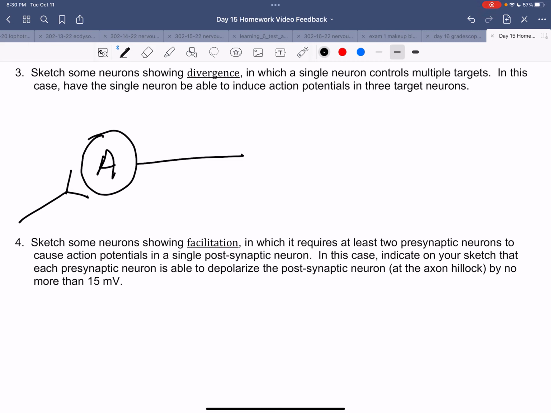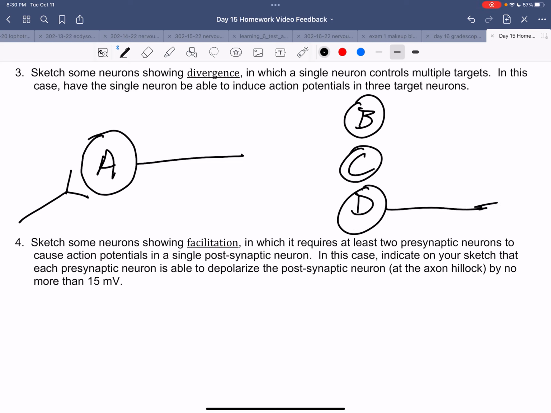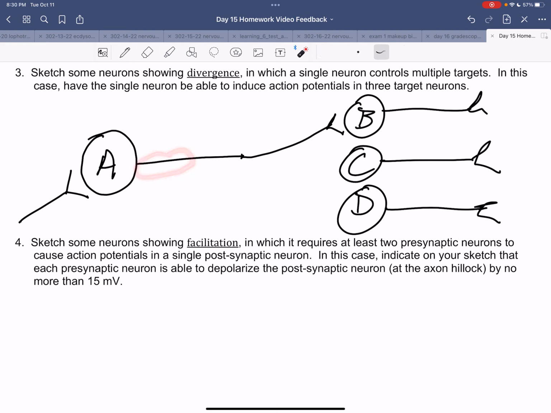And we want divergence, in which a single neuron controls multiple targets. So we can draw the single neuron to start with, and then multiple targets, B, C, and D, all doing something different. So we draw an axon branch to B. A neuron only has one axon, so you don't want to do multiple axons coming out.